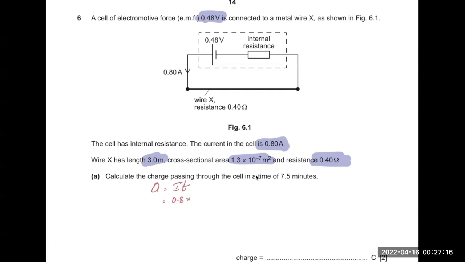What is the time duration for which they want the charge? 7.5 minutes, but you need to convert this into seconds, so multiply it by 60. So 0.8 times 7.5 times 60, which is equal to exactly 360 coulombs.